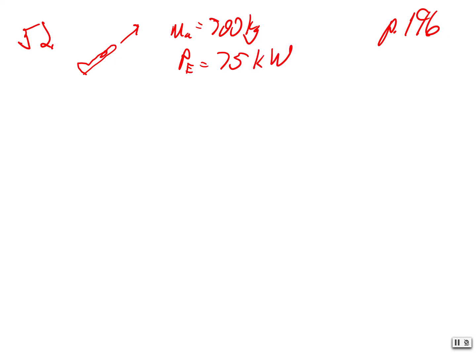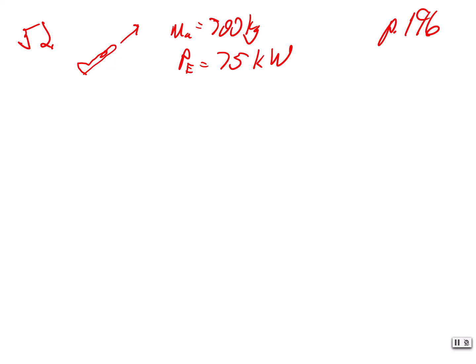So we have an airplane, and the airplane is climbing. The mass of the airplane is 700 kilograms. The power of the engine is 75 kilowatts, that's 75,000 watts.